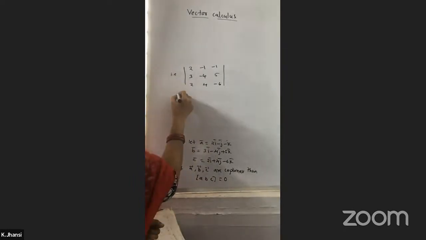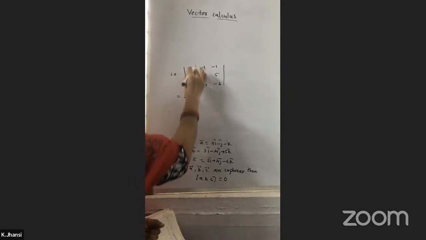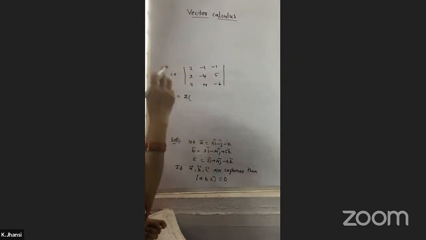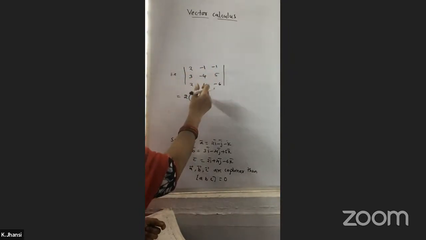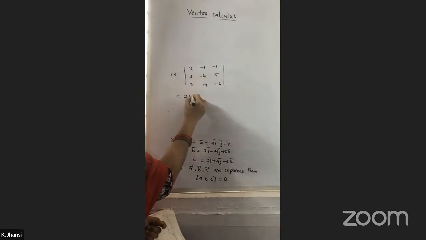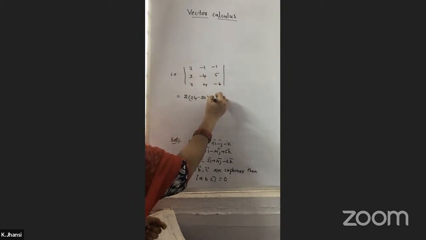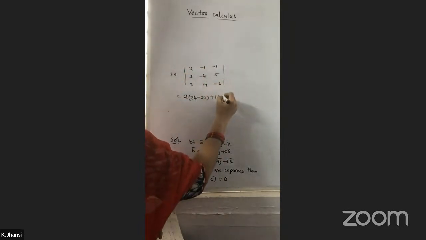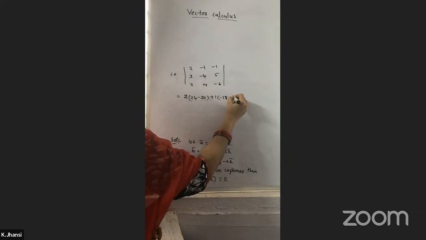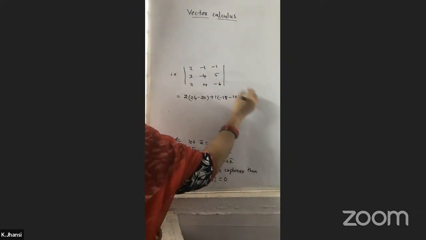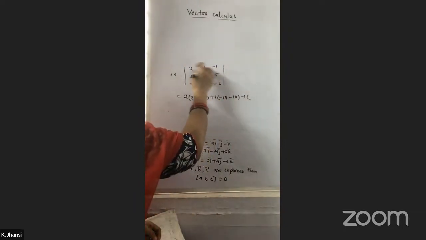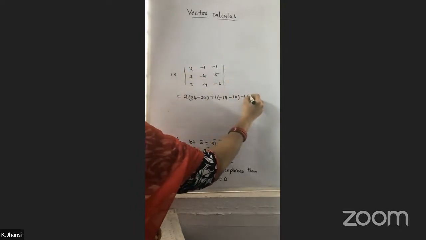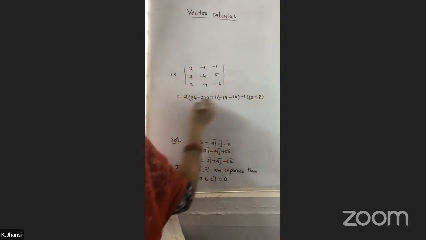So I hope so you know how to find the determinant, that is 2 into, if you eliminate that row and this column, whatever the minor is there, that minor is minus of minus is plus 24, minus 5 fours are 20, minus of minus is plus 1 into, if you eliminate this column and this row, 6 threes are minus 18, here minus 5 twos are 10, minus 1 into this row, this column and this row means 3 fours are 12, plus 4 twos are 8.